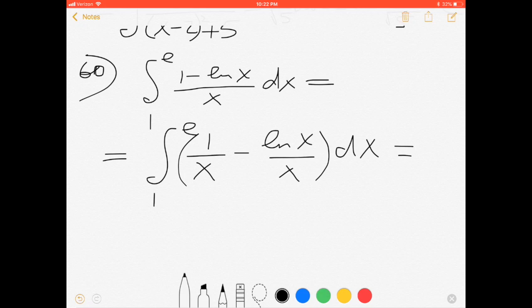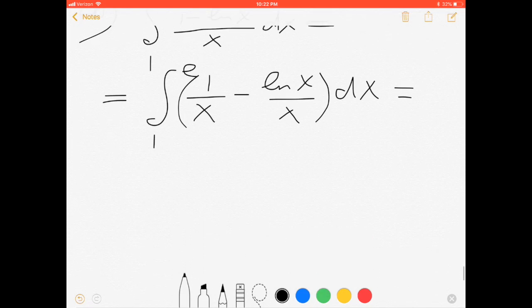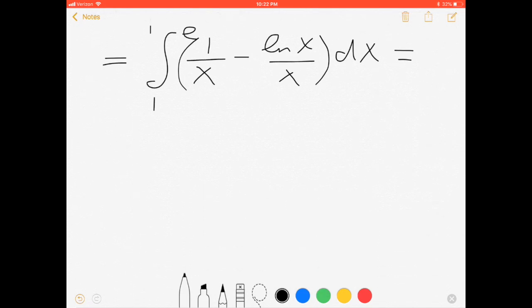The integral of the first term is no problem. We have exactly natural log x, from 1 to e. What about ln x over x?